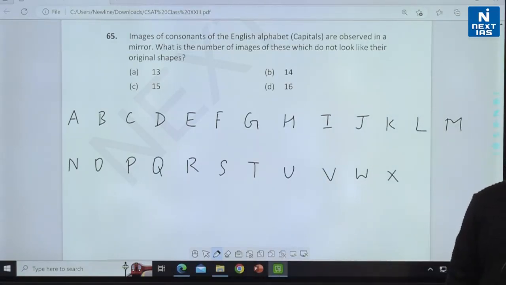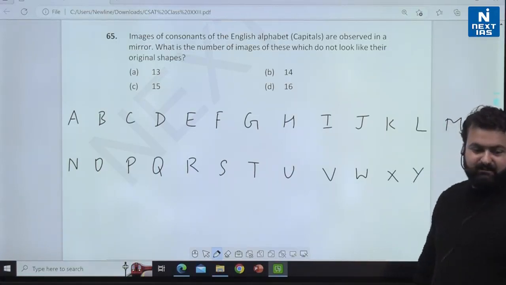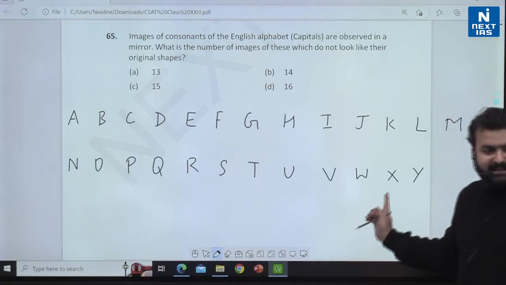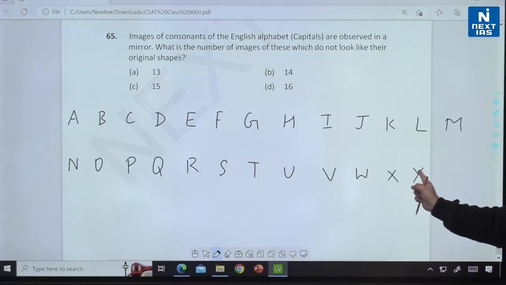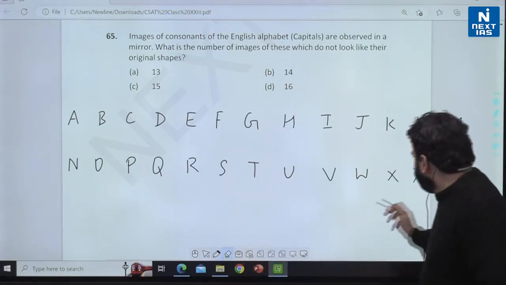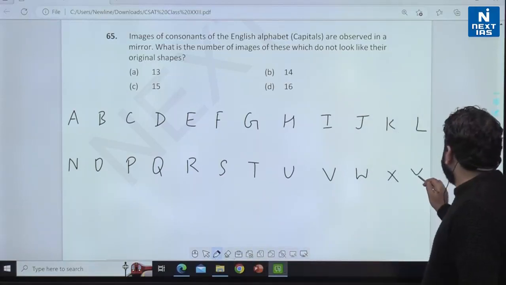I've seen many students write Y like this, in capital letter. Remember, this is not the standard form. The standard form is this one.